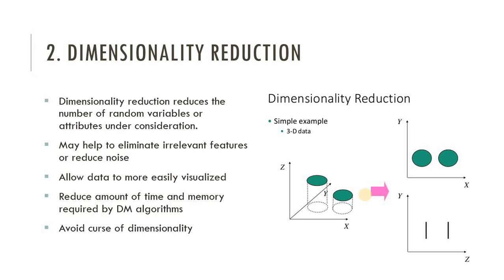In dimensionality reduction, we have a lot of dimensional data. We have multi-dimensional data available in our data warehouse. Now for our analysis task, if we analyze that database, then we have to consider many attributes for our analysis, and it may be very time consuming. It may also result in some errors.